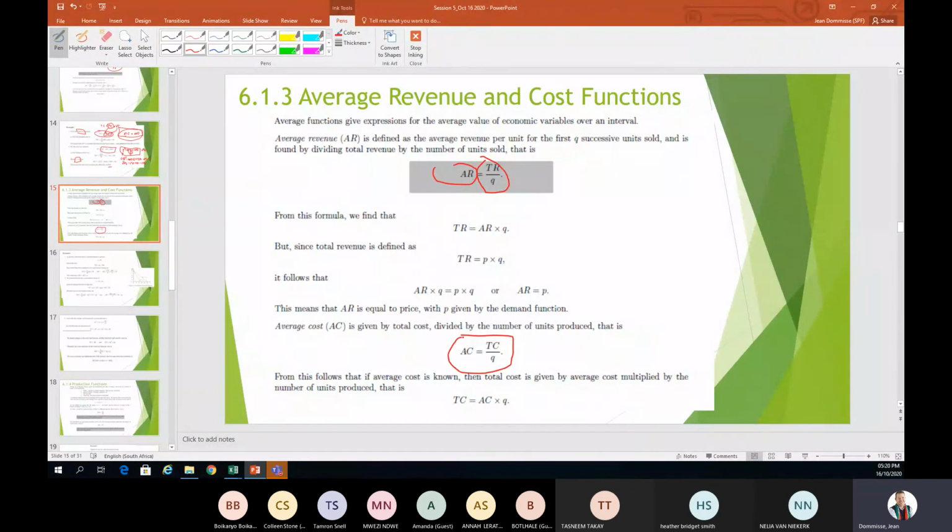So I think that is important. Average revenue is total revenue divided by Q. Average cost is total cost divided by Q. It's a nearly straightforward formula that you will need to use.